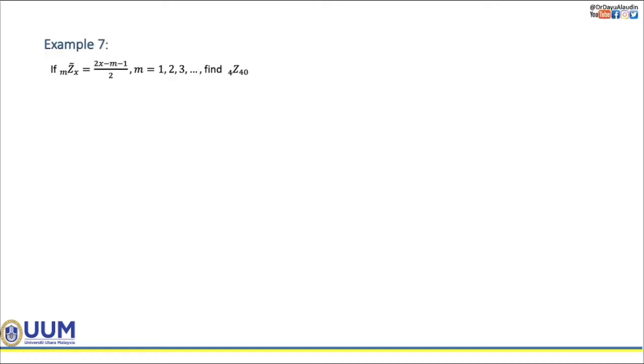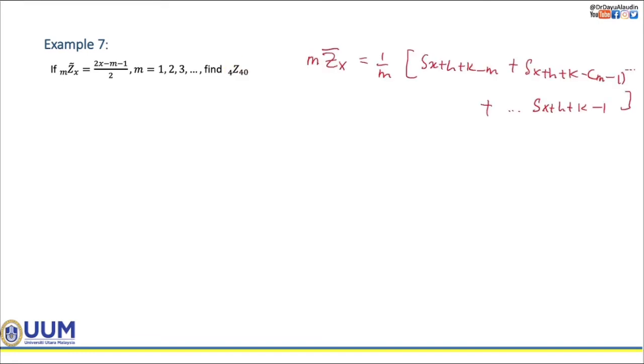So now we try example 7. We have to find this one. So the formula for this one is 1/m, and the summation of the scale function starting from x plus h plus k minus m until x plus h plus k minus 1.